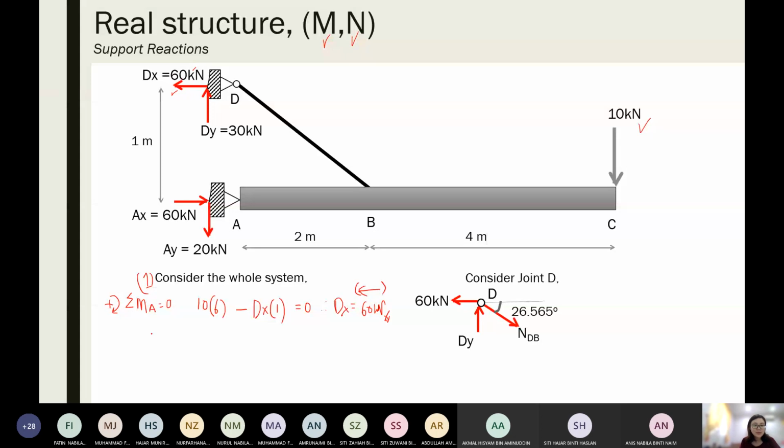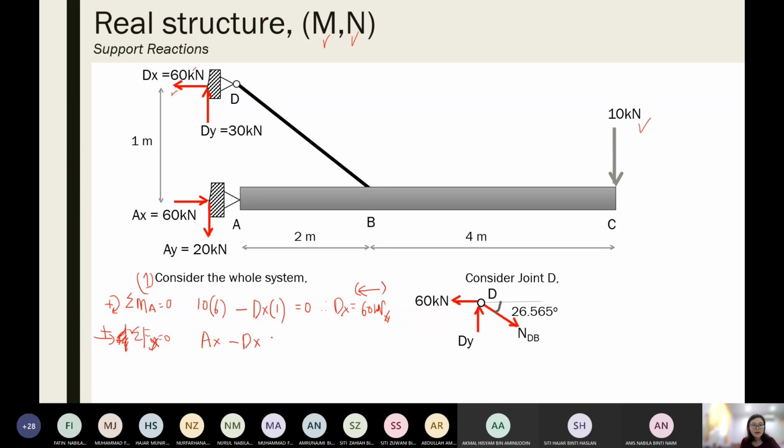Then we can use the summation Fy equal to 0. No, summation Fx, sorry, Fx is going horizontally. Ax positive, Dx negative.